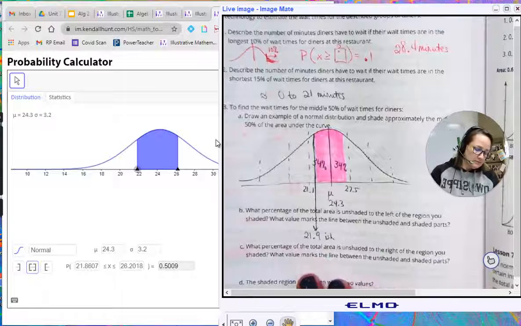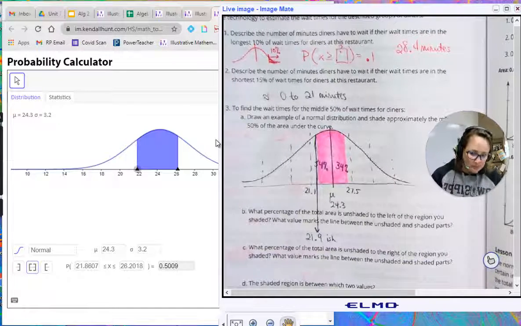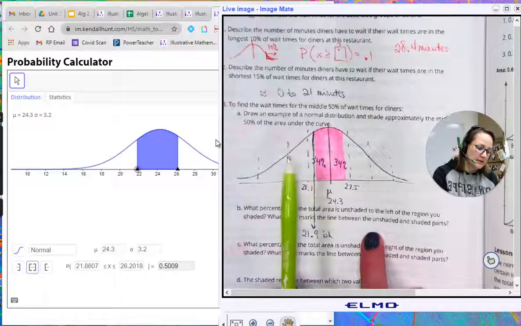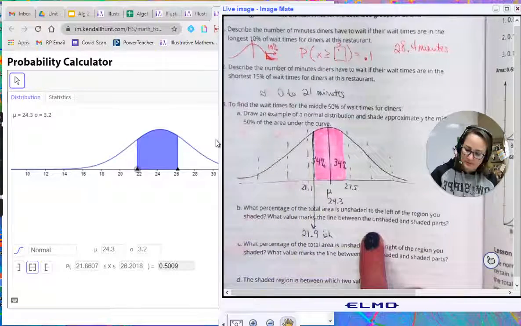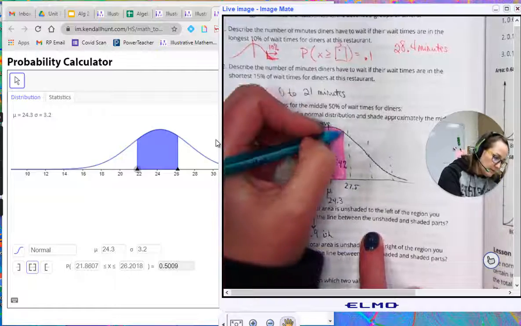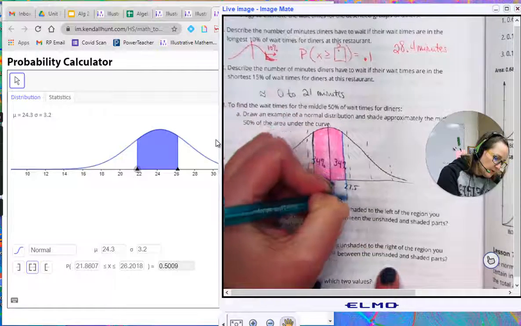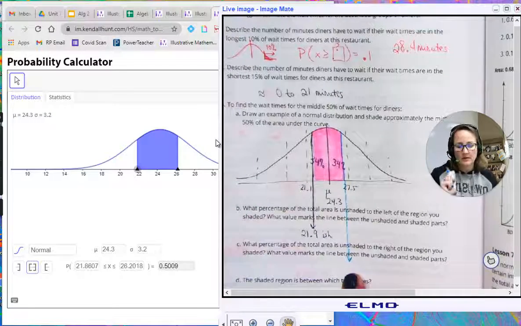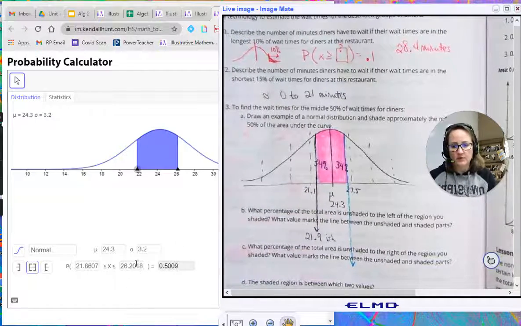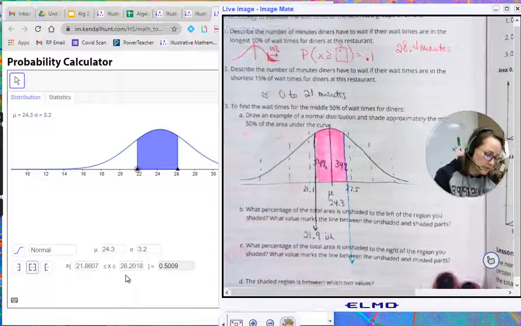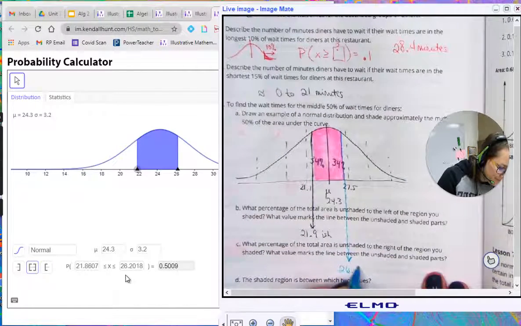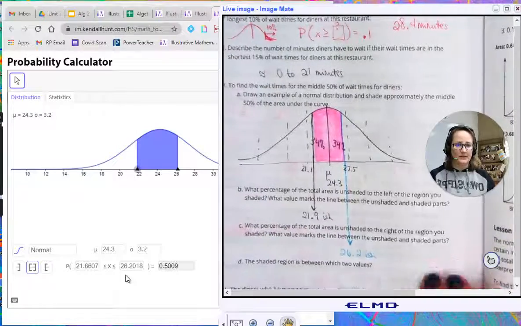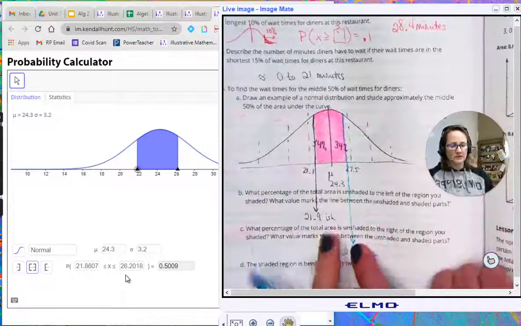It's about 21.9-ish minutes. And then I can also mark what line is at my top end. That's question C. Taking it from my value, 26.2-ish minutes. So I can use those values as some cutoffs.